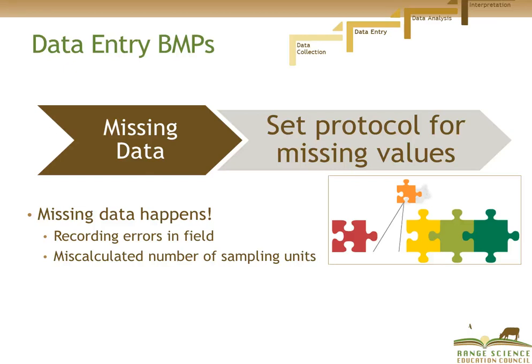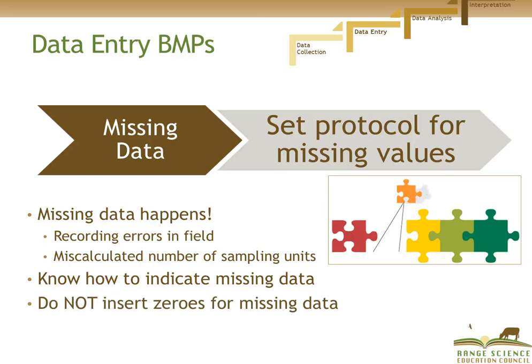So for example, if you had planned on taking measurements on 20 transects but lost count and only collected data from 19 transects, we need to know how to deal with that. We need to know how to indicate that data are missing, and also to make sure that we do not insert zeros for missing data.